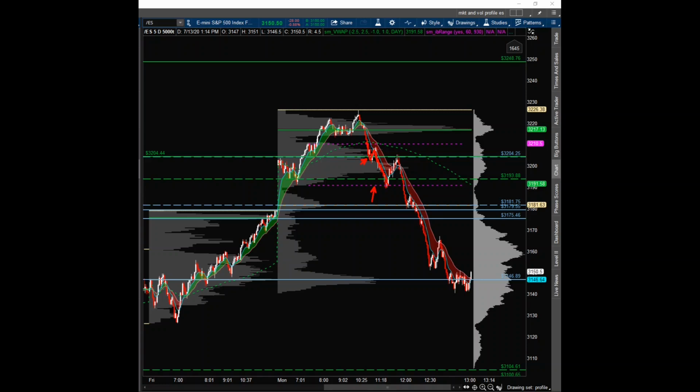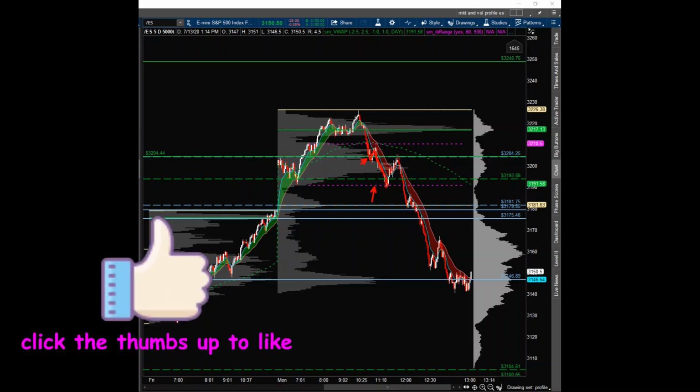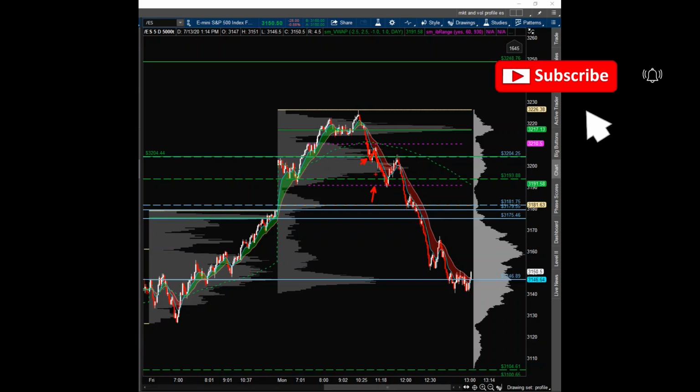But there's that 30% chance that it will go to both the IB high and IB low in the same session. That's what's happening today. It went to it and then came back in, came back up, and once again tested the overnight high and was unable to get back above it.